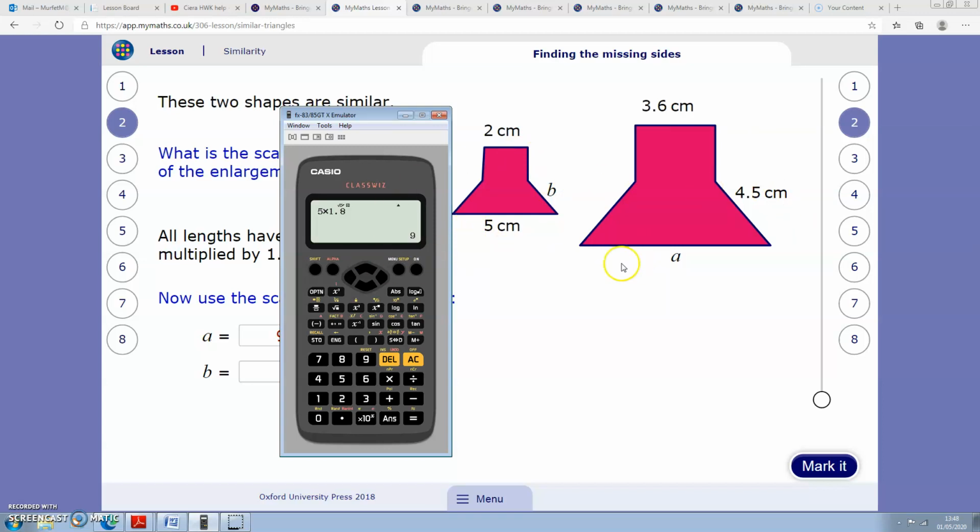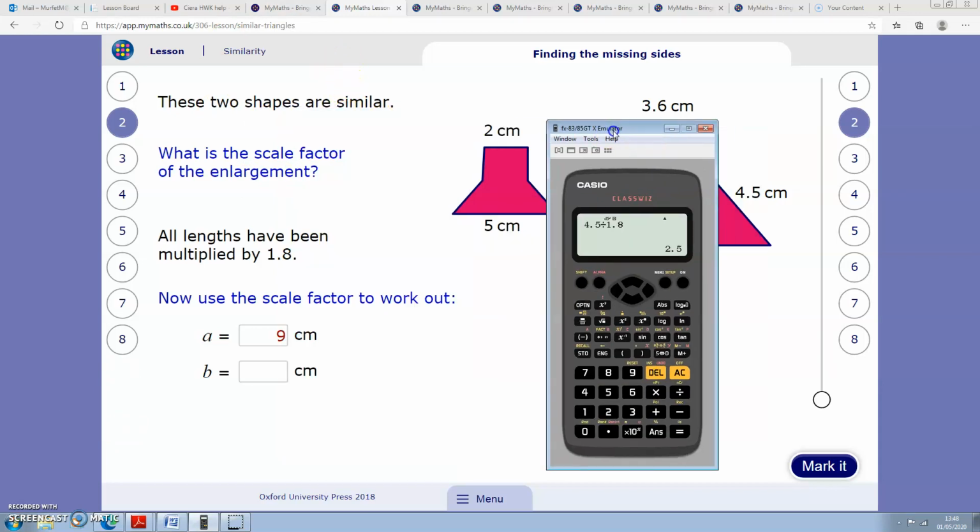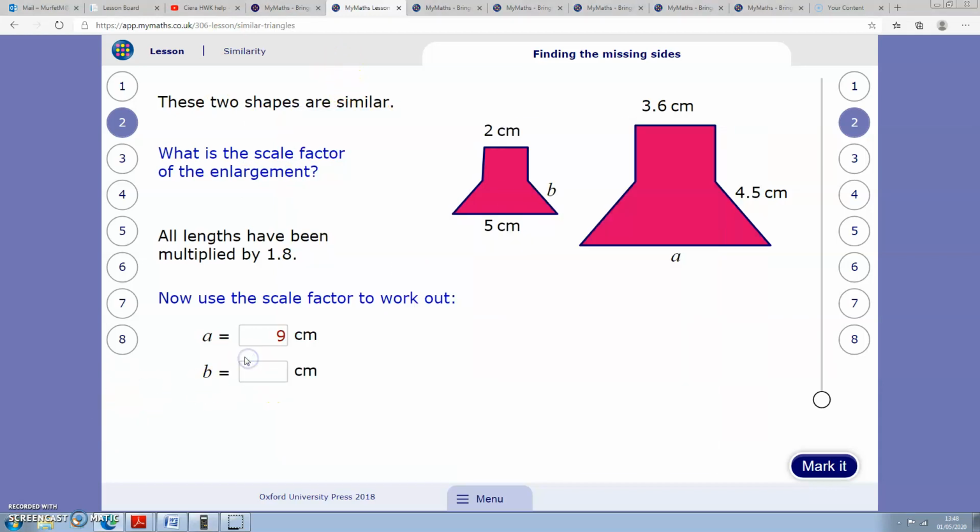Now to go this way, I'm going to multiply it out, but to come backwards, I'm going to do the reverse. I'm going to divide by it. So I've got 4.5 divide by 1.8. And that gives me 5 over 2. If I press SD, it gives me 2.5. So my answer here is 2.5. On to the next one.